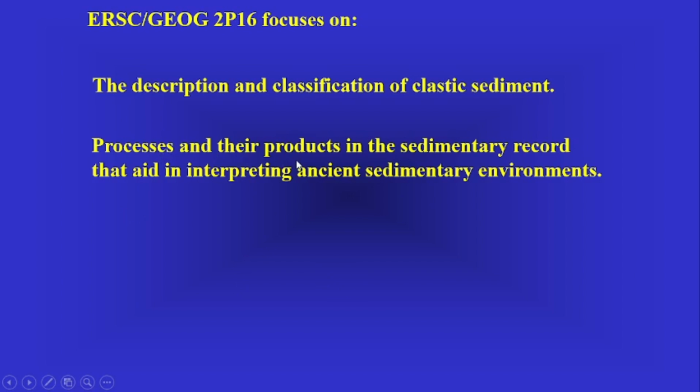Processes and their products: what processes are happening, what the byproducts of those processes are, and the sedimentary record, which will aid interpretation of the sedimentary environment. We have the product, we don't have the processes. If we study those products, we will understand the processes, and then we will develop a sedimentary record out of those products.